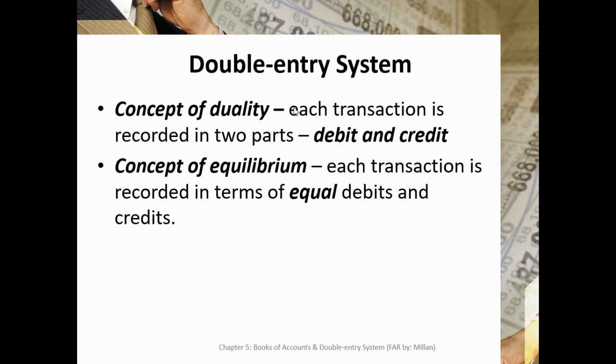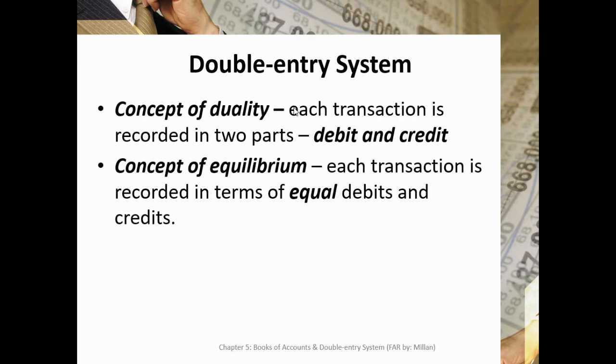So, double entry system. All transactions are recorded in the accounting records using the double entry system. So, under this system, each transaction is recorded into two parts, debit and credit. So, no transaction is recorded by a debit alone or a credit alone. So, dapat laging may partner.